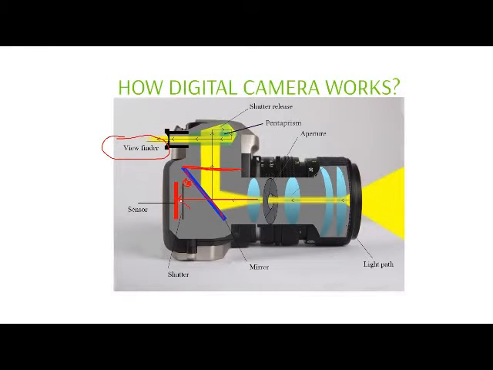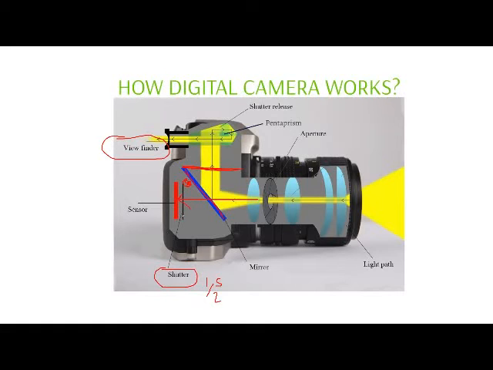Once the light hits the sensor, we have seen what the shutter does: it just rolls up, but how it rolls up depends on how much shutter speed you have set. For example, if I have set something like 1/2, it is measured in seconds, so 1/2 means 0.5 seconds.